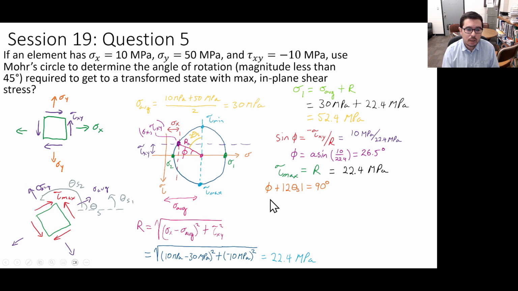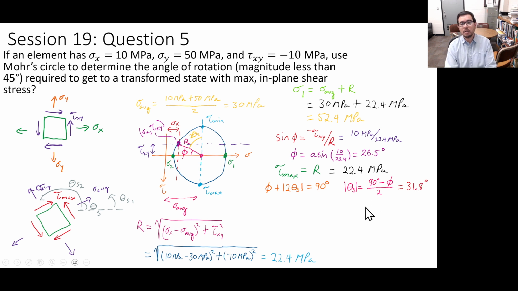So we can say phi plus magnitude of 2 theta s is equal to 90 degrees. Before, we were saying it was equal to 180 degrees and going over here. We can solve for theta s, and it is 90 degrees minus phi, all divided by 2. And this is going to be equal to 31.8 degrees.